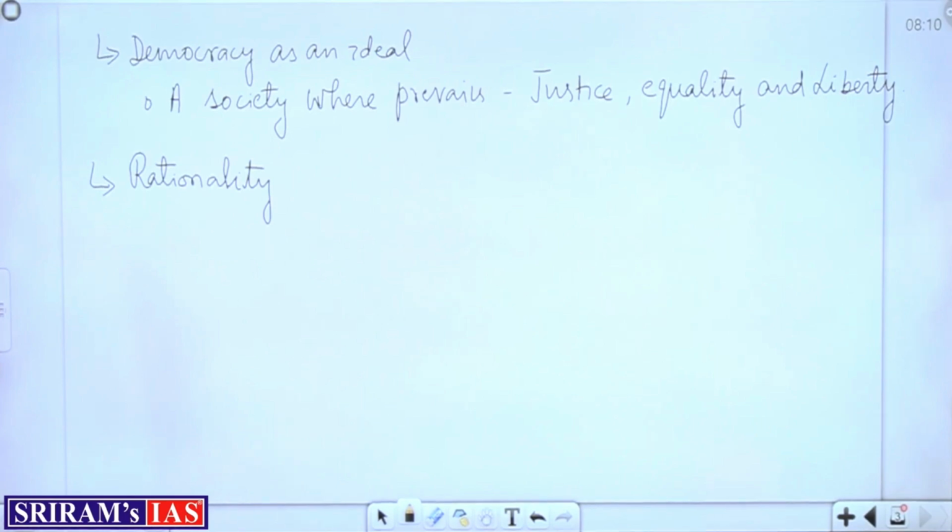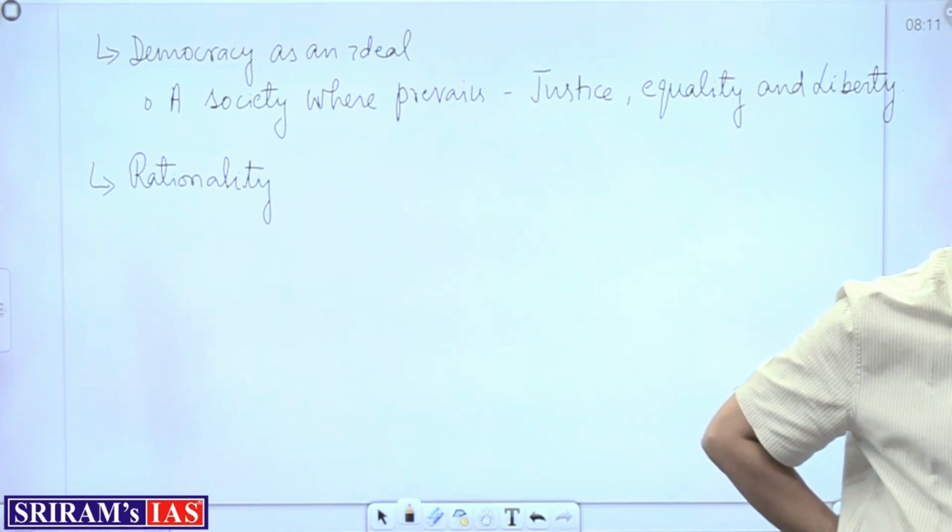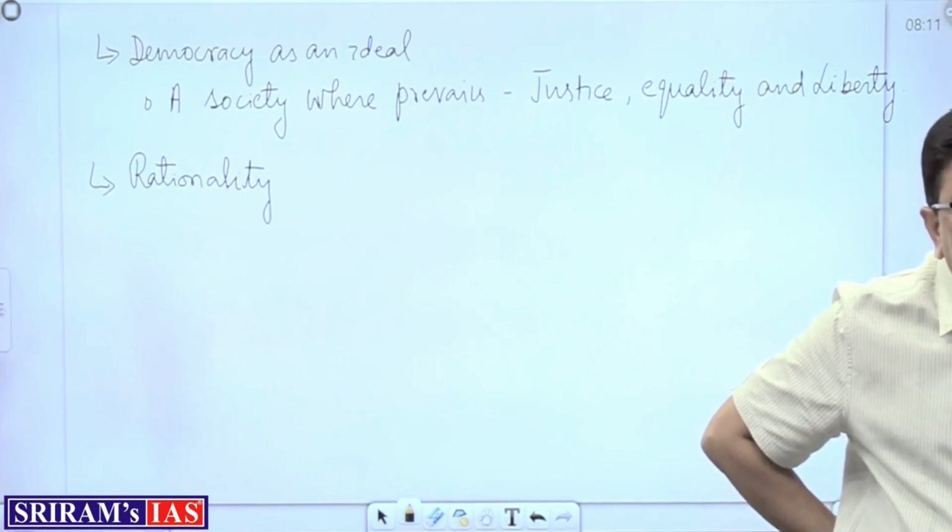In other words, it can be said that democracy is based on rational thinking, as the decisions are arrived at through mutual discussion.